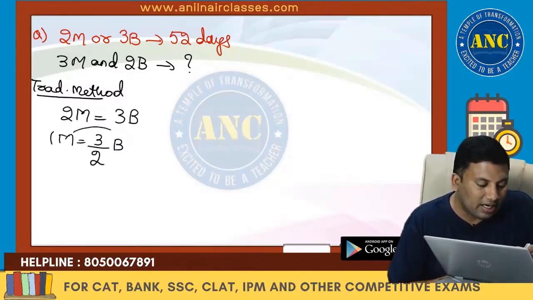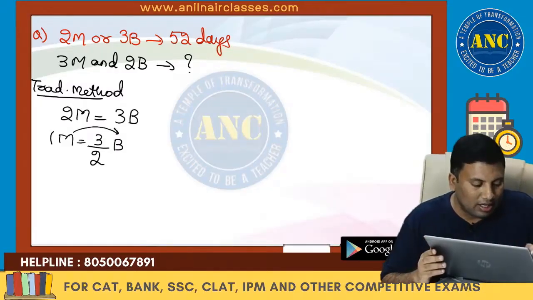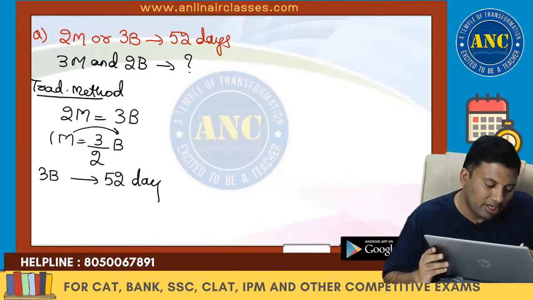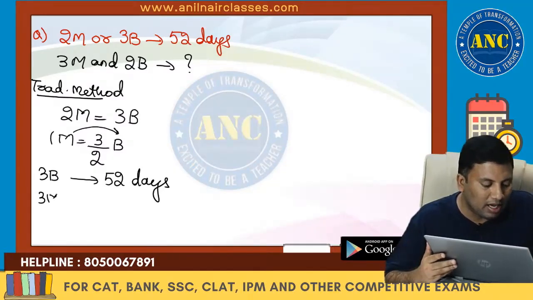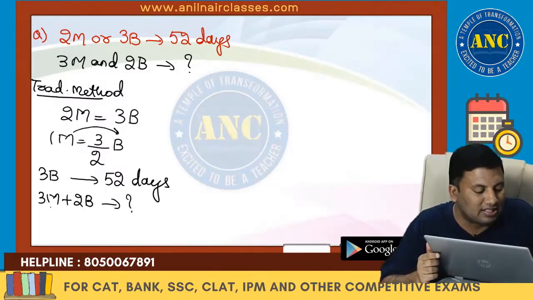I converted the work done by men into the work done by boys. So let us take boys as a reference. 3 boys can complete the work in 52 days. 3 men and 2 boys can complete the work in how many days? AND means both should be considered.